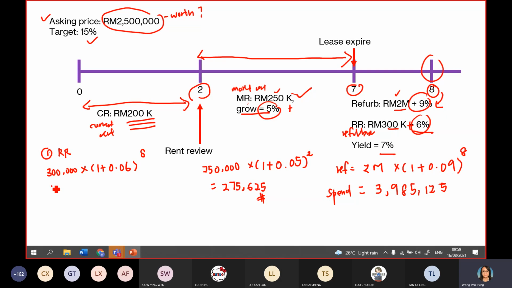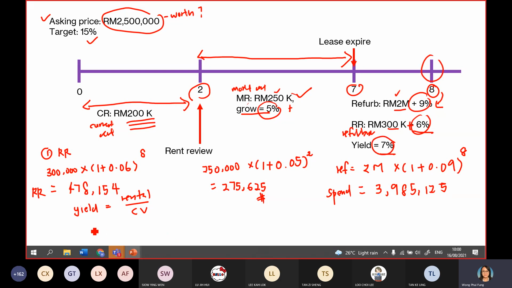Okay, so after that it becomes 478,154. So this is RR. But your client does not want to collect rental anymore. He wants to sell. So use the formula yield equals rental divided by CV, capital value.